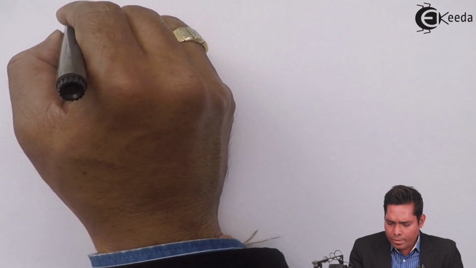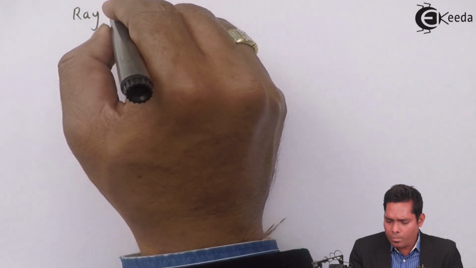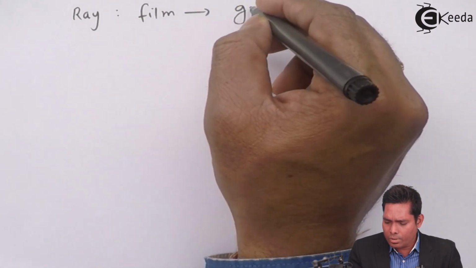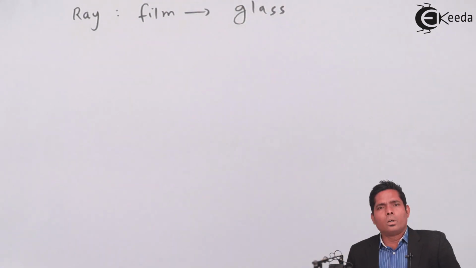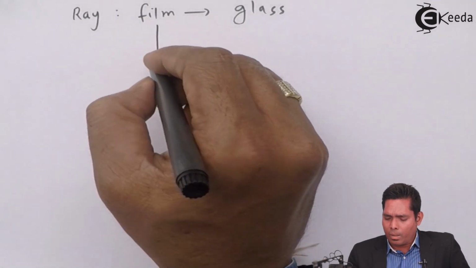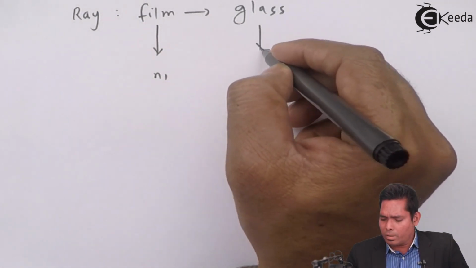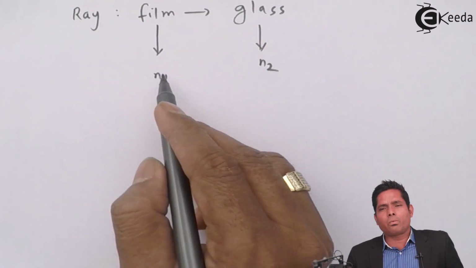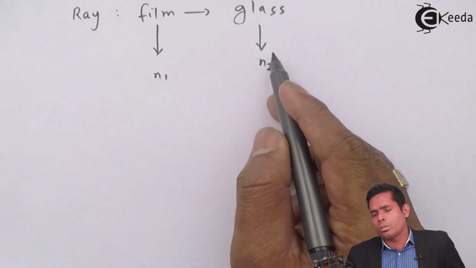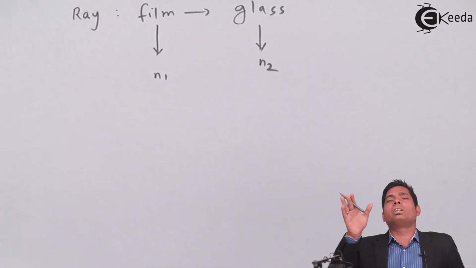Now we have a situation when the ray is traveling from film to glass. Finally it has to land on glass. So from here to here, the film I will consider N1, this one I will consider N2, because N1 is the medium from which light is traveling, and this is the second medium to which light is traveling.